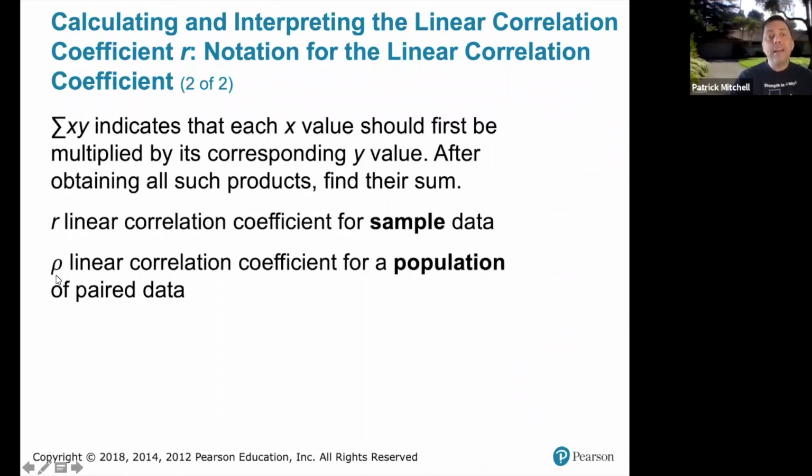And this is the lowercase Greek letter rho, R-H-O. Kind of looks like a P, but it's really the Greek equivalent of R. That is the linear correlation coefficient for a population of paired data. Remember, we sort of have a tradition of using regular letters for sample data and Greek letters for population data.